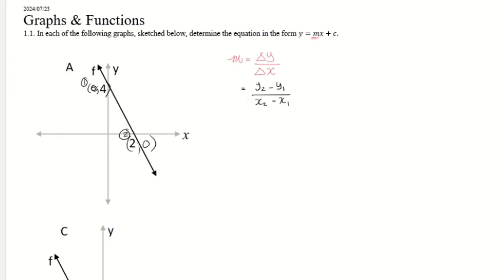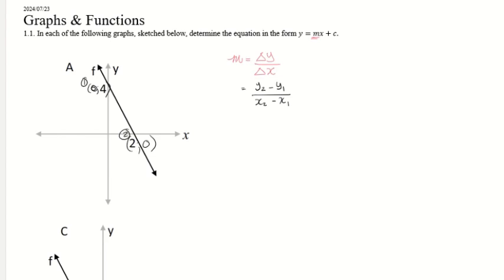And that is the formula that we use in mathematics to determine the gradient of a line. For this formula to work, we need two coordinates. And do I have two coordinates? Yes. What is my one coordinate? 2 and 0. And my other coordinate is 0 and 4.